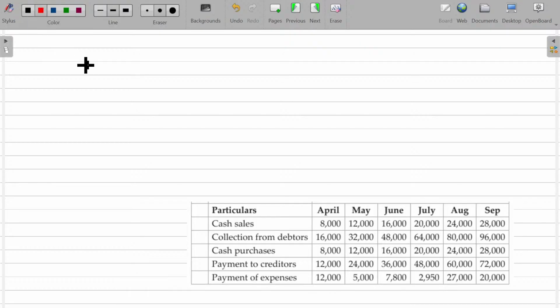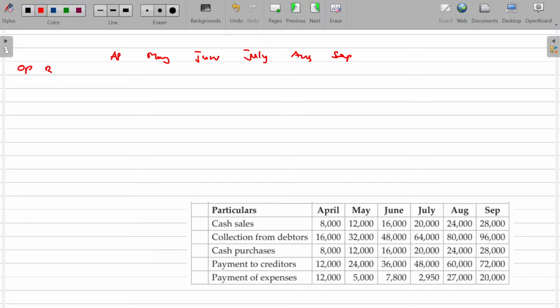April, May, June, July, August, September.